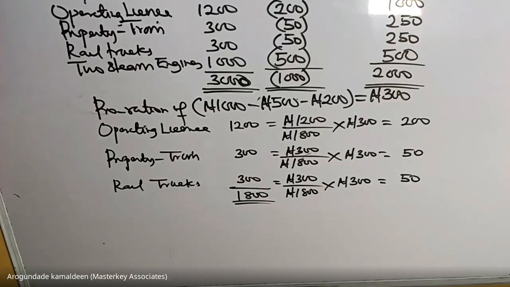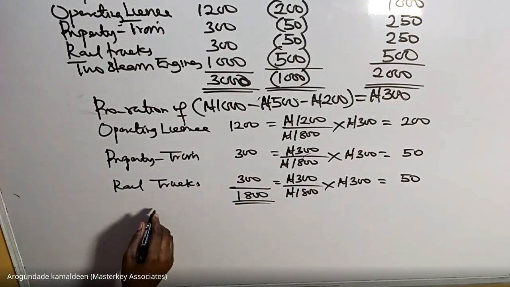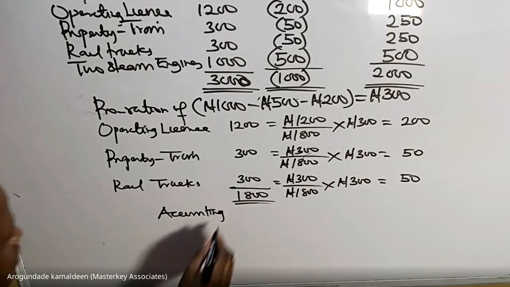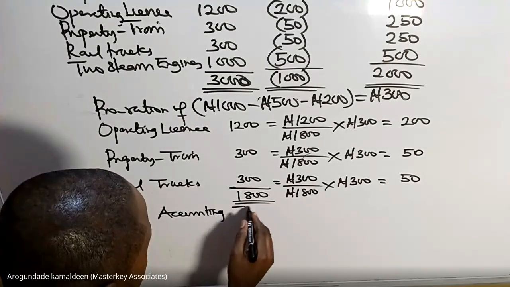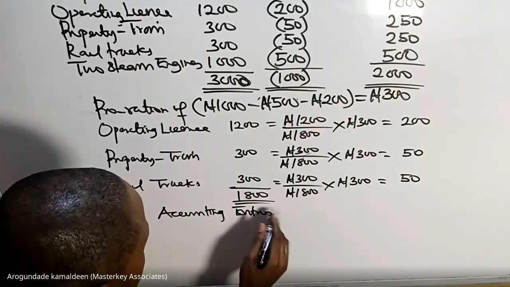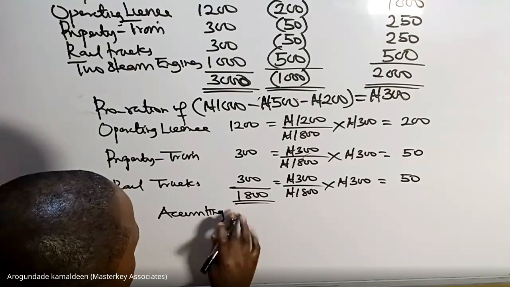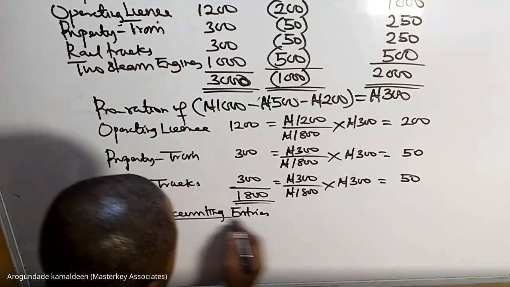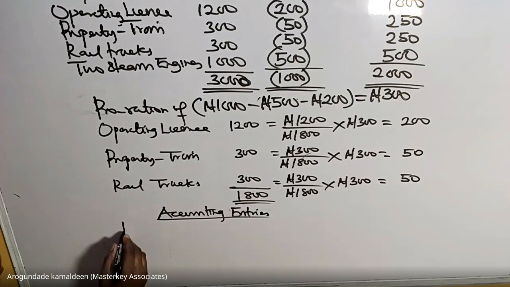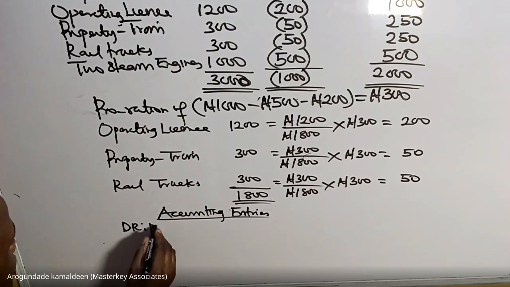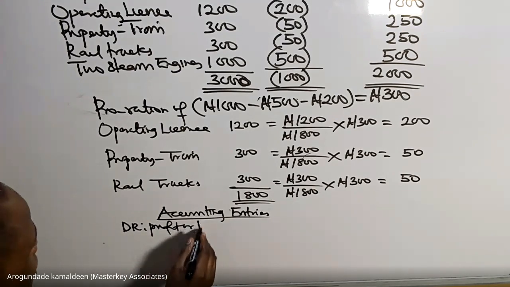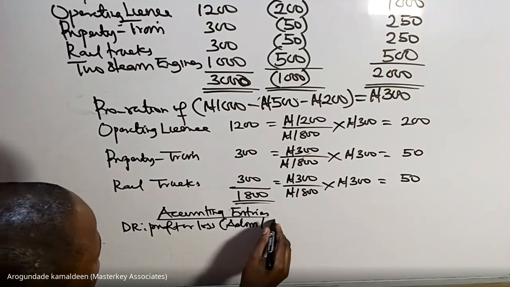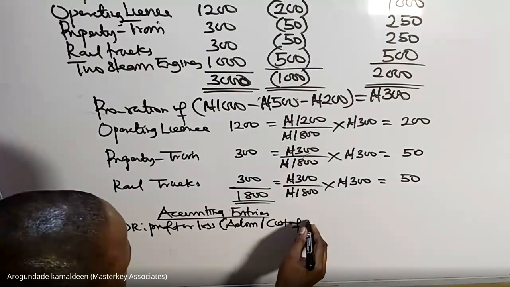Let's say accounting entries. You have debit the profit or loss, the full impairment, the admin or the cost of sales.